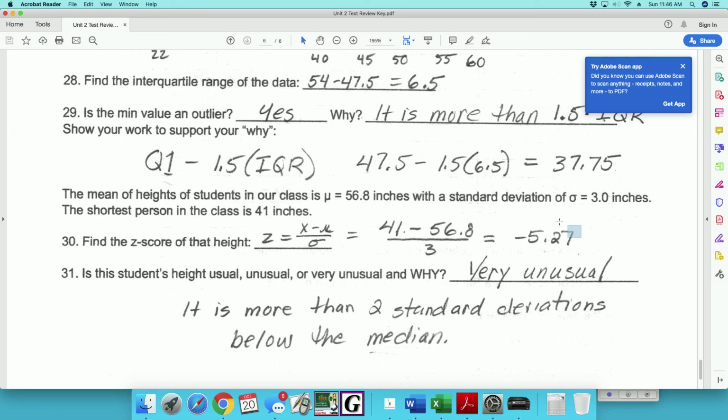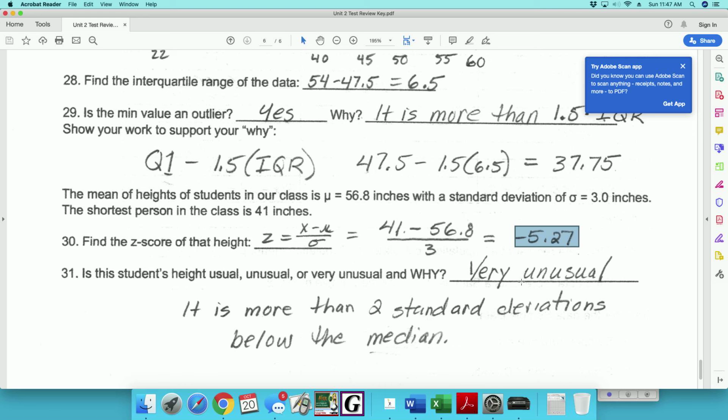So this means this person is 5.27 standard deviations below the mean. All right? It's below the mean. So this word should be mean, not median. Because it's more than 2 standard deviations below the mean, not median, mean, it's very unusual.